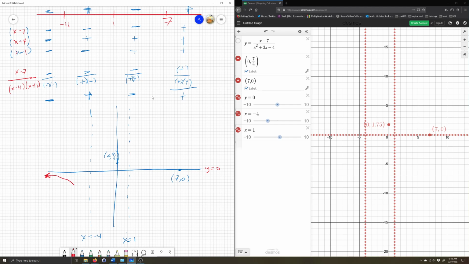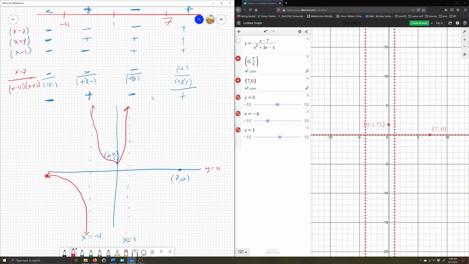So it cannot cross the vertical asymptote, so it's got to go down like this. And then between negative 4 and 1, it's positive, so I have to start up here, because I can't be below the x-axis. I have to go through the y-intercept. Then I have to go up here to positive infinity, because I can't cross this vertical asymptote.